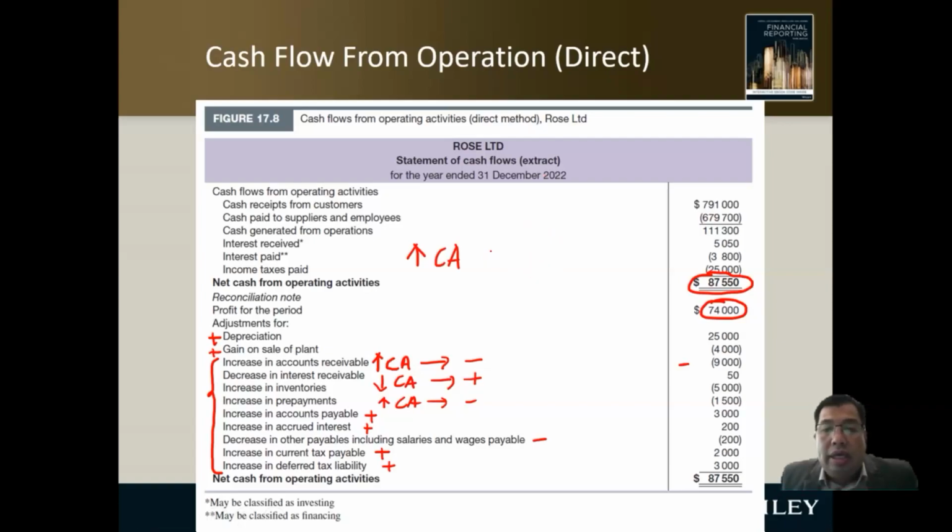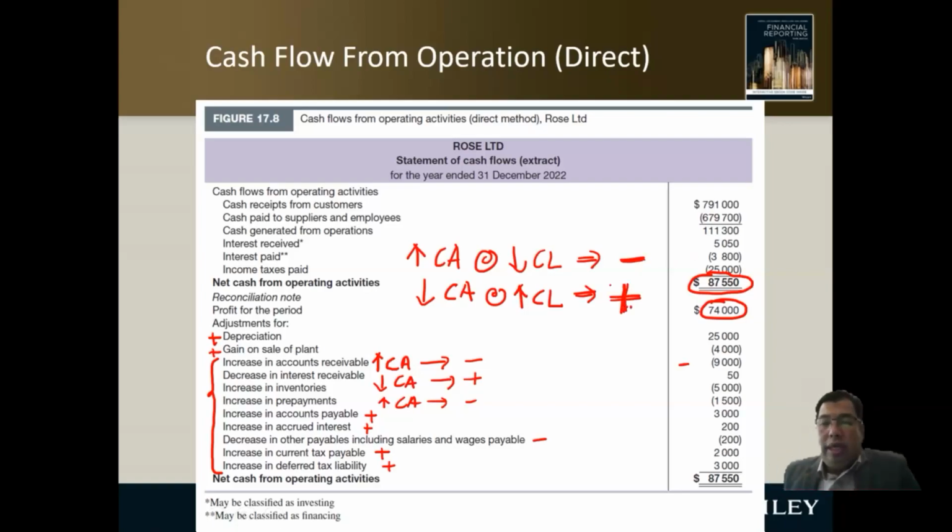Decrease in current liability, you're going to minus. Increase in current liability, you're going to add. So this is the formula.